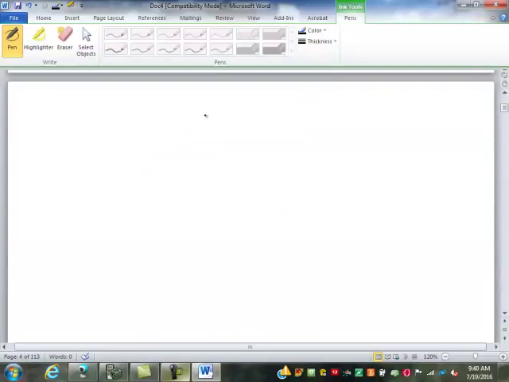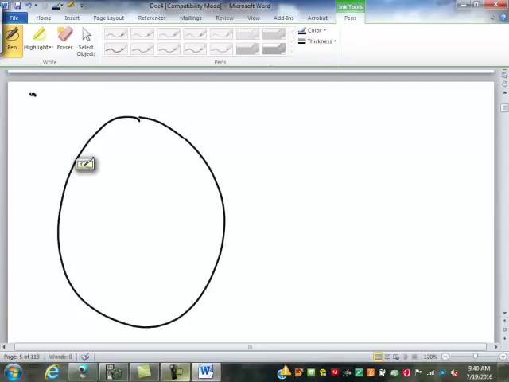Now with that said, let's look at a circle. First, to review some parts of a circle, if I go from the center of the circle out to the edge, what's that called? Radius.